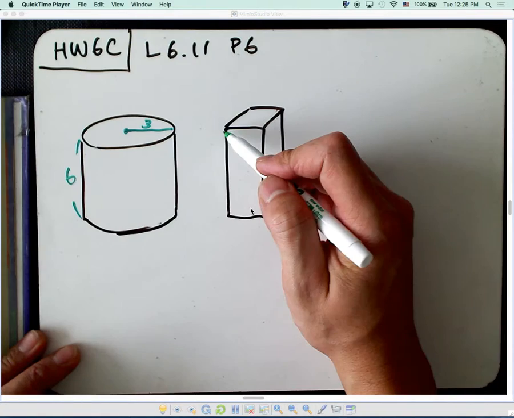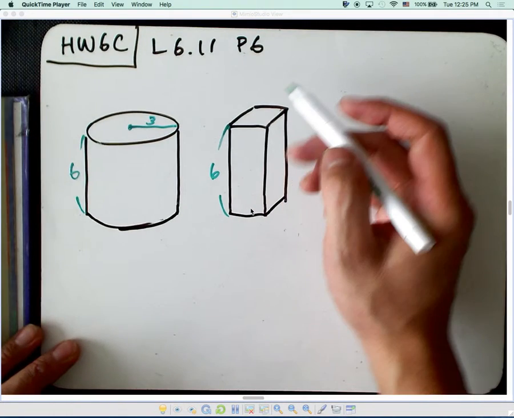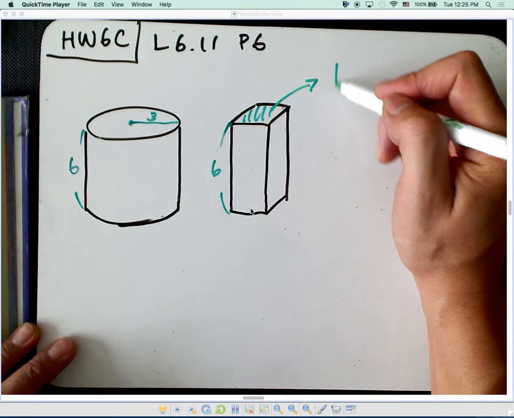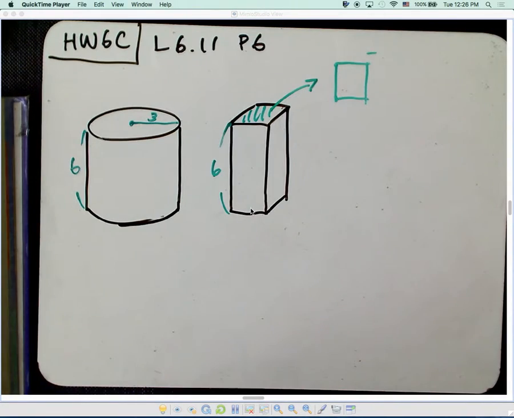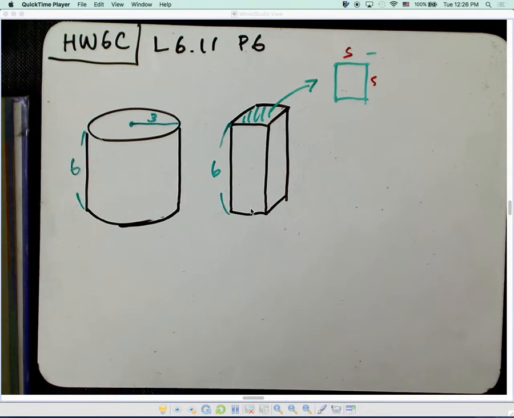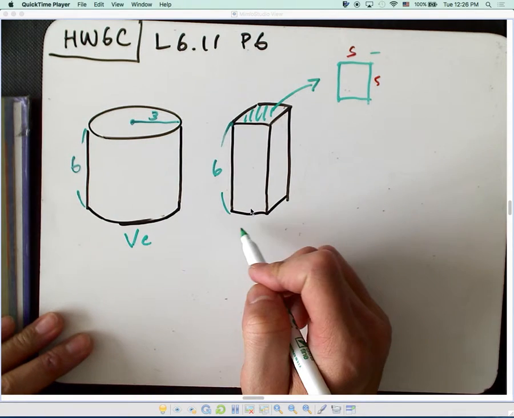Also, we know that the height of this prism is 6, but we don't know the base. If you look at the base of this prism, it is a square. We don't know what the side lengths are, but that's the goal. Also, we know that the volume of this cylinder is equal to the volume of this prism.